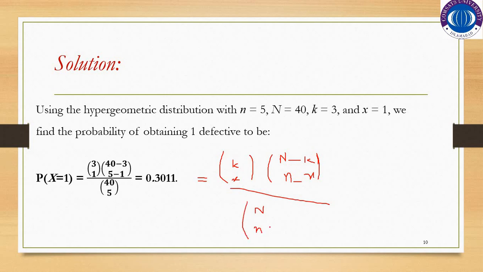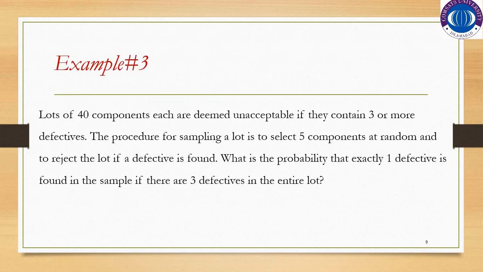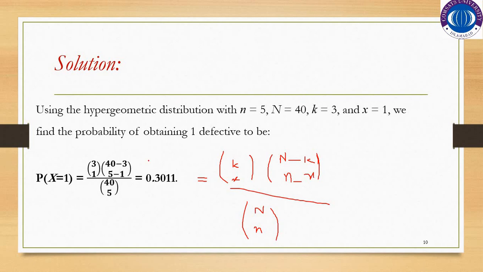You can find out the limit of the random variable x as well by using this, from maximum of 0, n plus k minus N, to minimum of k and n. So this will give us the probability 0.3011, which is the probability that there will be exactly 1 defective in the sample from the lot of 40 components.